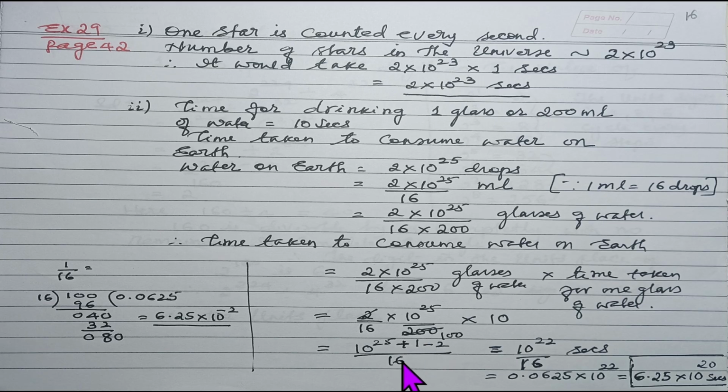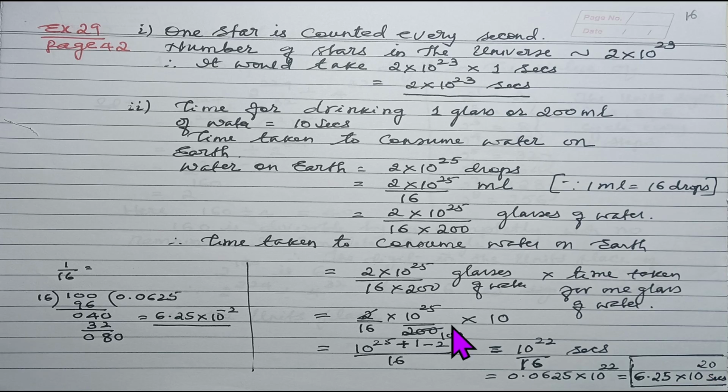1 minus 2, divided by 16, becomes 10 raised to 22 divided by 16, and when I divide 1 by 16 I will get 0.0625, and then into 10 raised to 22. That is 6.25 into 10 raised to 20 seconds.